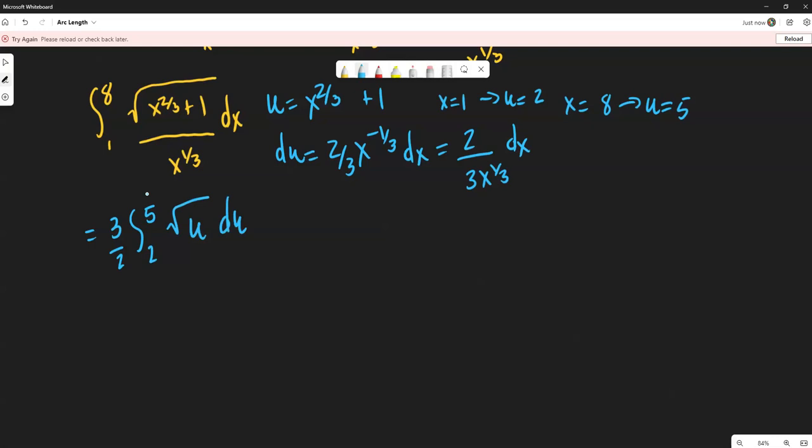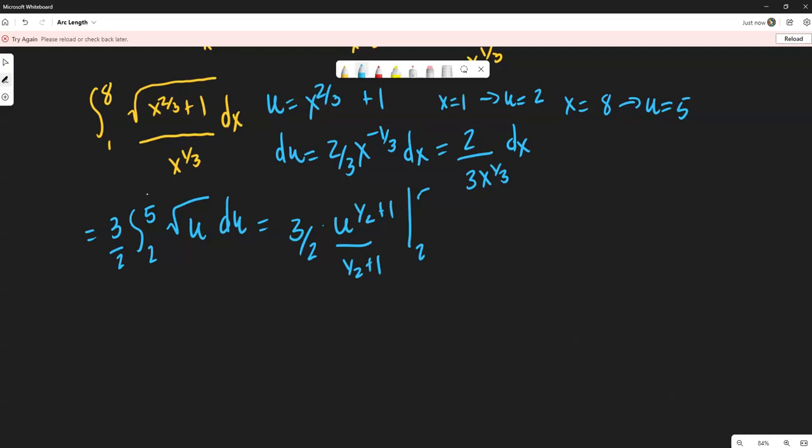Now, in any case, how do we do this? Well, we use the fundamental theorem, which says that 3/2 will be multiplied by u to the 1/2 plus 1 divided by 1/2 plus 1.